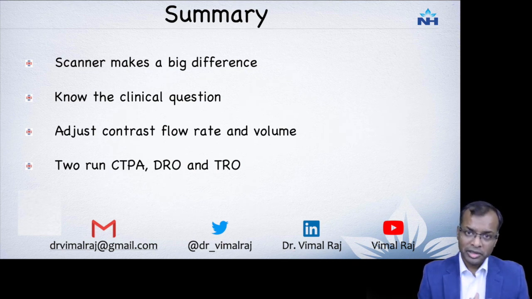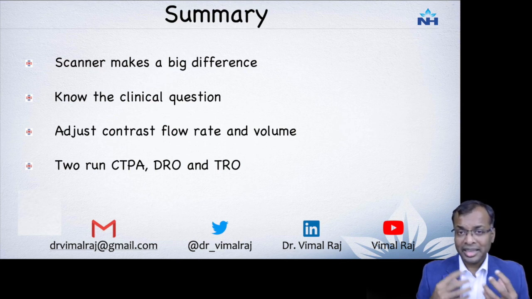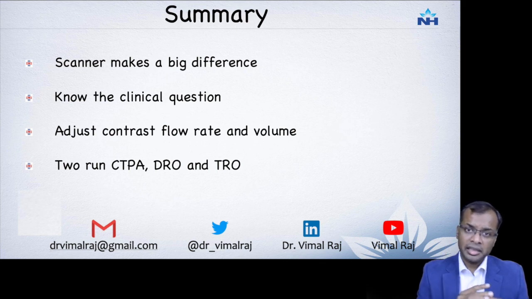If you are faced with a scanner which is not that fast or does not cover a large area with one rotation, then try and understand the clinical question and answer that clinical question.